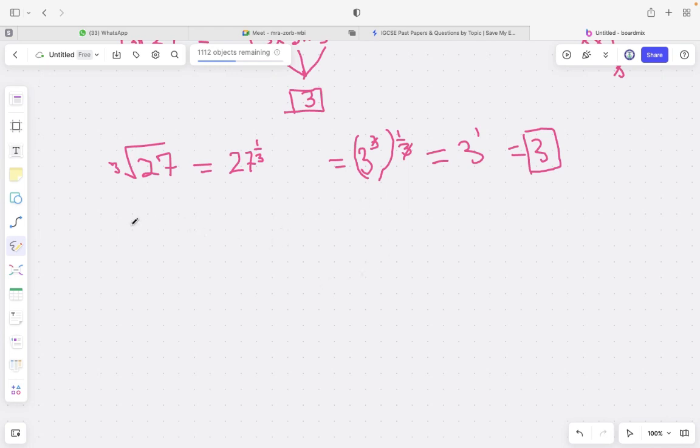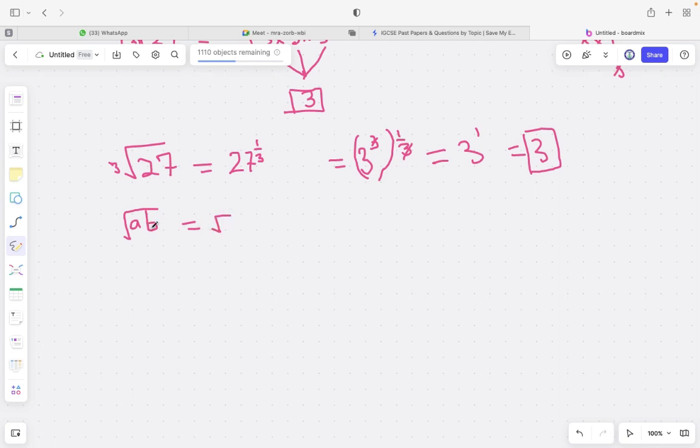We already established that if you have two numbers, A and B, let's say 2 and 4 or 2 and 5, when you have two numbers multiplied together, you can separate the roots.